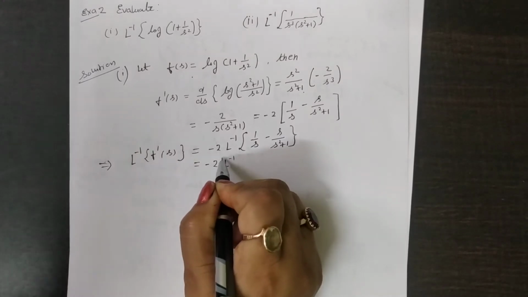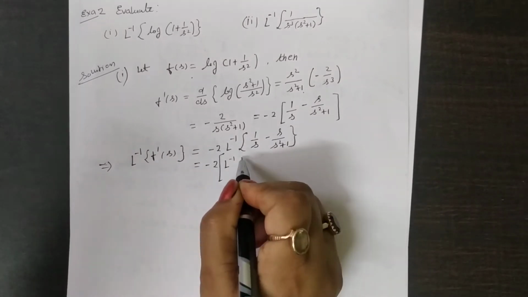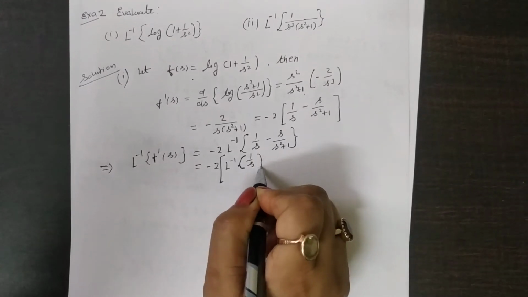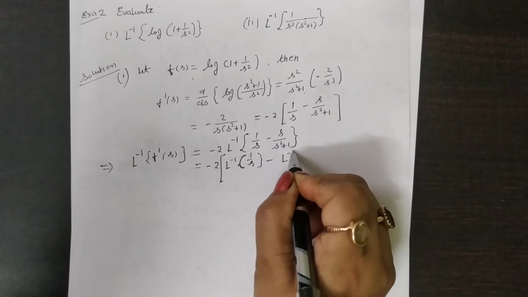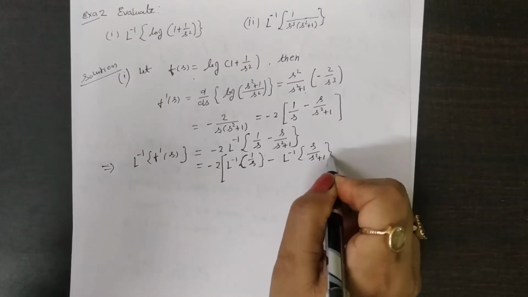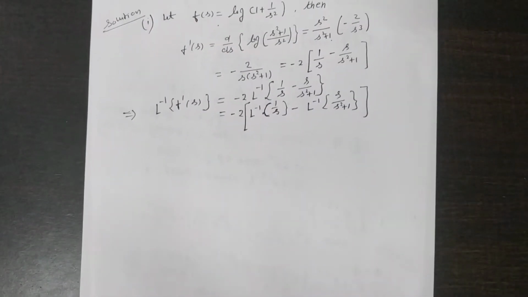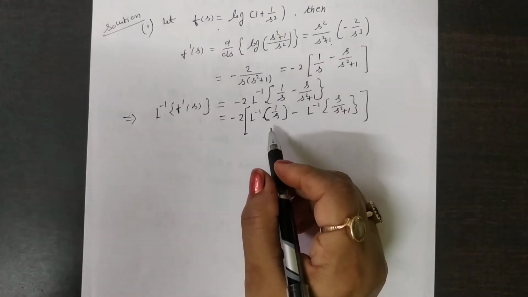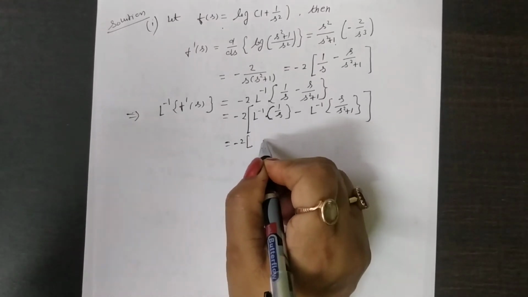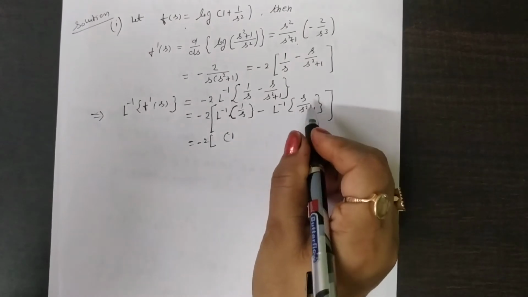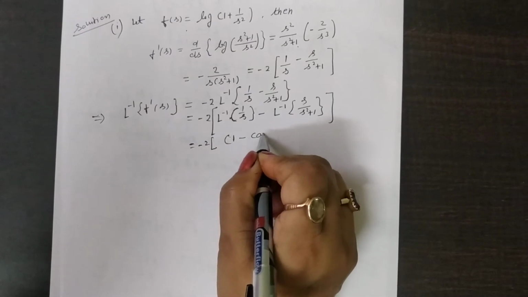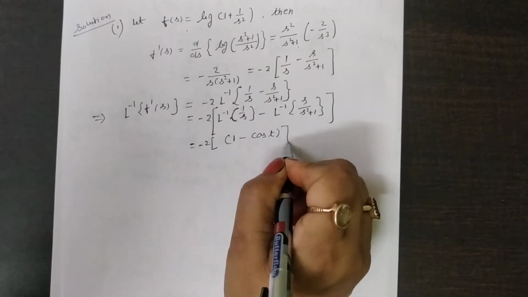By the linear property, you can write Laplace inverse of 1/s, and similarly minus Laplace inverse of s/(s² + 1). Laplace inverse of 1/s is 1, so it is minus 2 times 1, and Laplace inverse of s/(s² + 1) is cos t. So there is 1 minus cos t. Yes, clear?